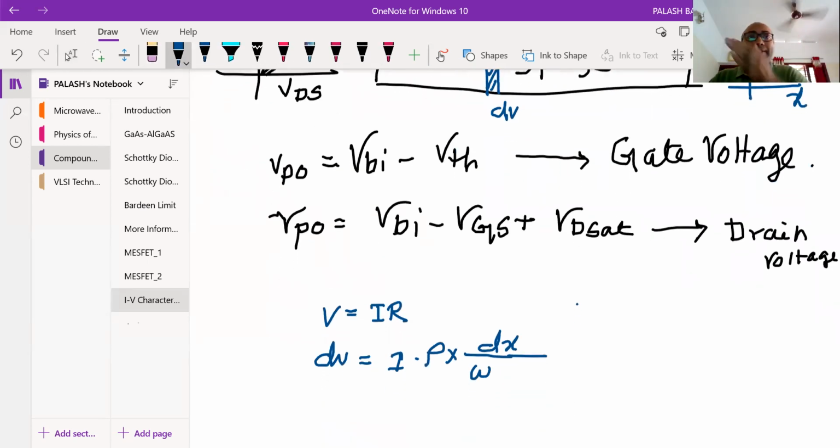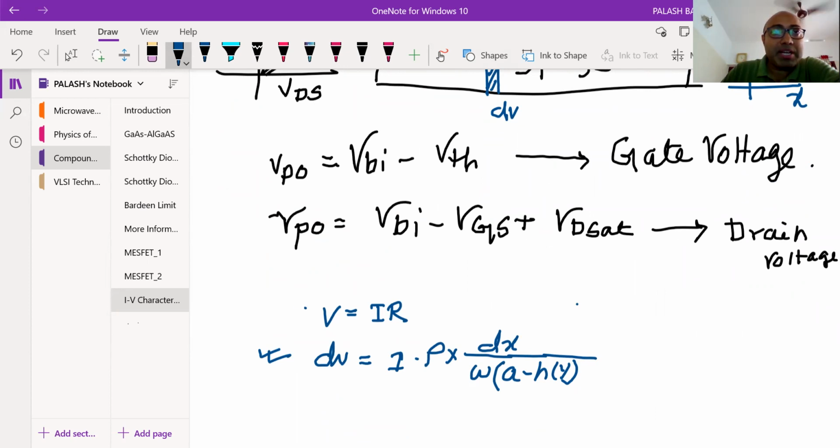And a transistor is not two-dimensional, it has some width. So that is the width, and my effective area is this. So this is my expression, which comes from this simple rule, V is equal to IR, Ohm's law. From there, I just derive it.